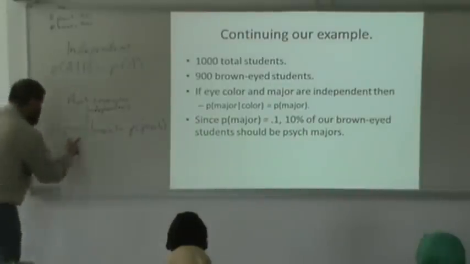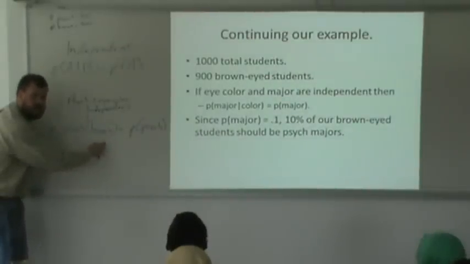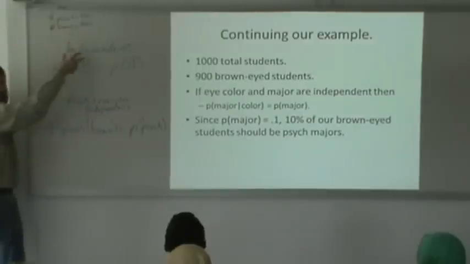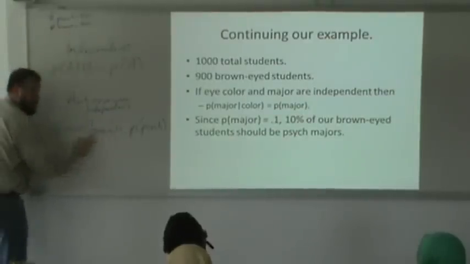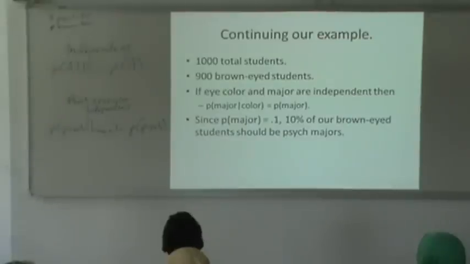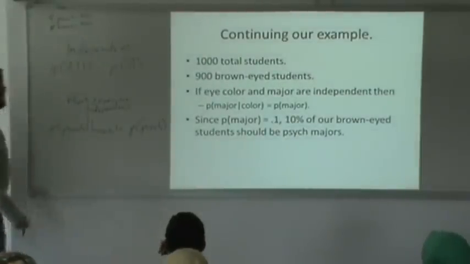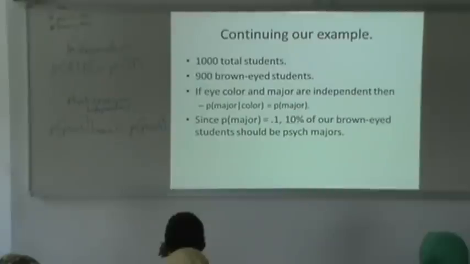The probability of psych given brown eyes, the number of brown-eyed students, here we have the number. We know what the probability is for observing psych if we know that it's brown eyes. That's just the probability of psych. So we have 900 brown-eyed students. So how many brown-eyed psych majors do we have?